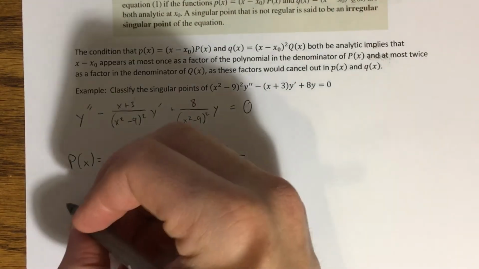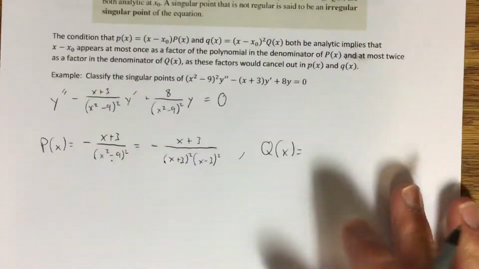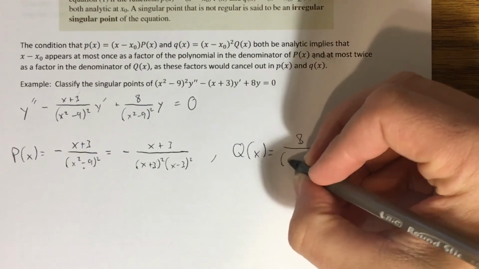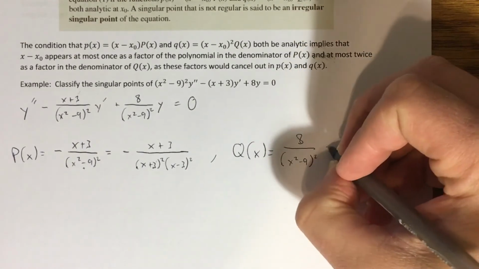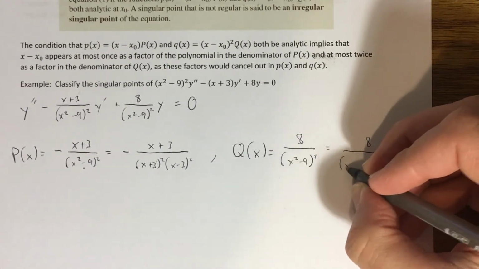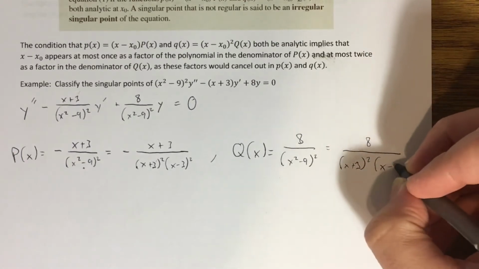Okay, q of x is this guy, 8 over x squared minus 9 quantity squared, which also factors. It becomes 8 over x plus 3 squared times x minus 3 squared.